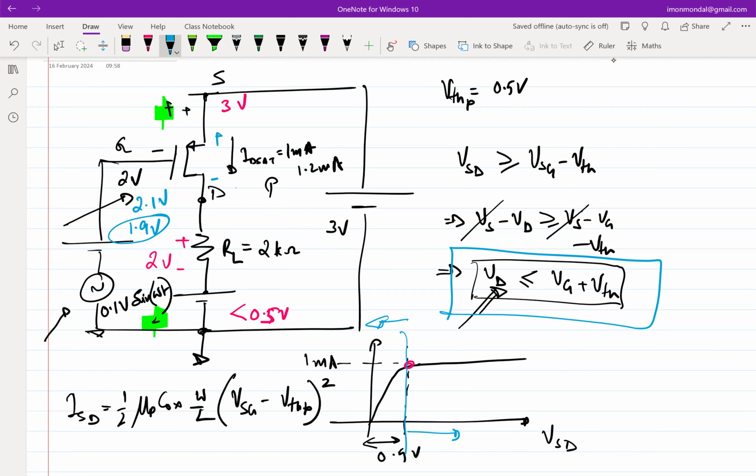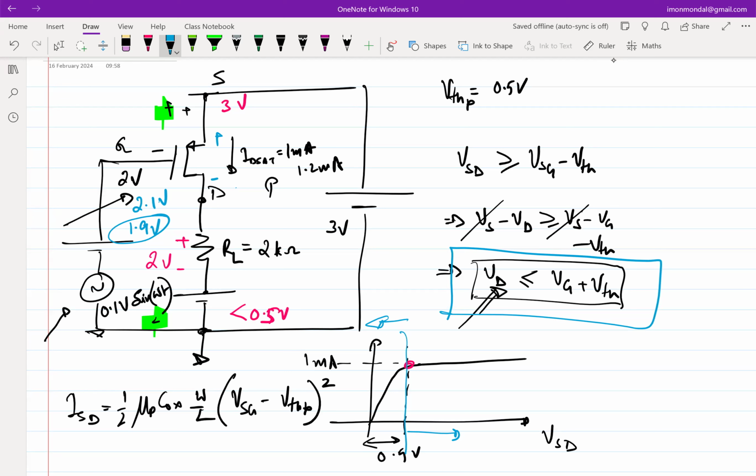Which essentially means that if you know a priori how much your gate is going to swing, you should bias your transistor in such a way that under the worst case condition also, the transistor is still in saturation. What the worst case condition is can differ from circuit to circuit, so that is the designer's job to figure out.